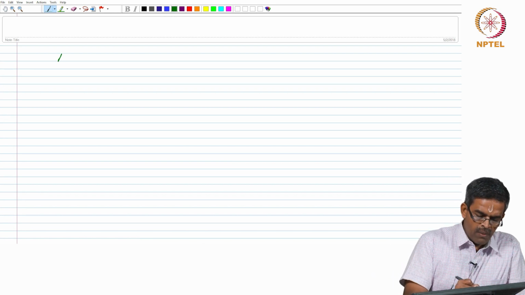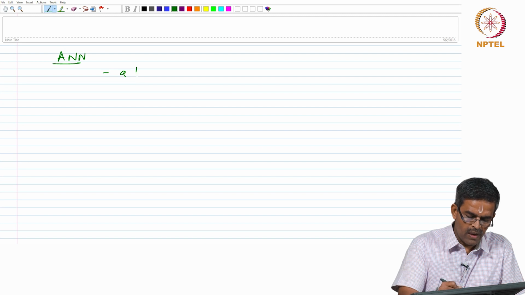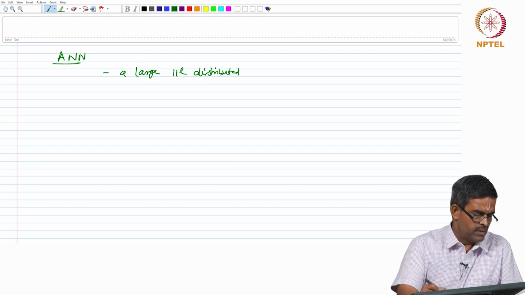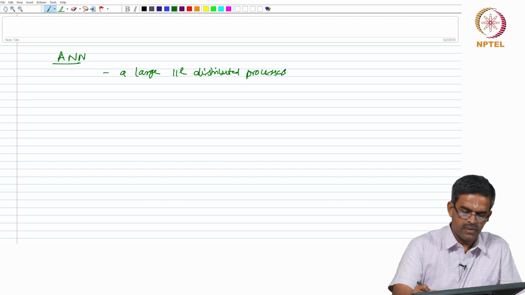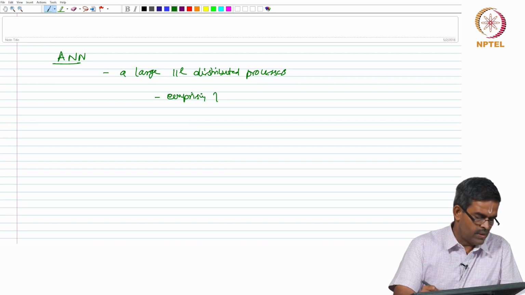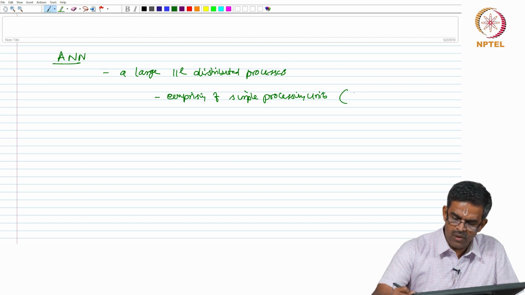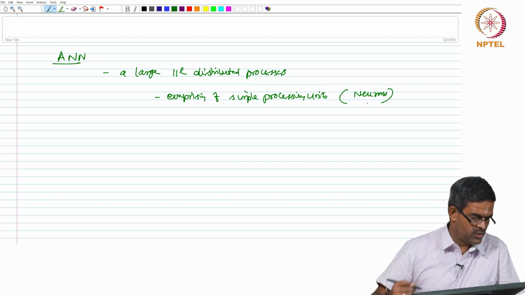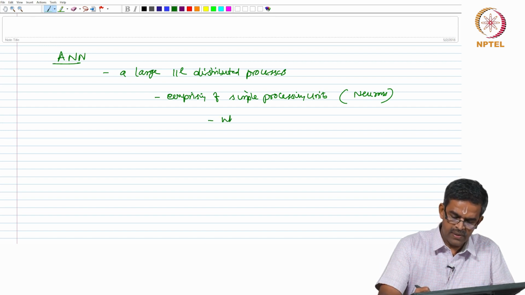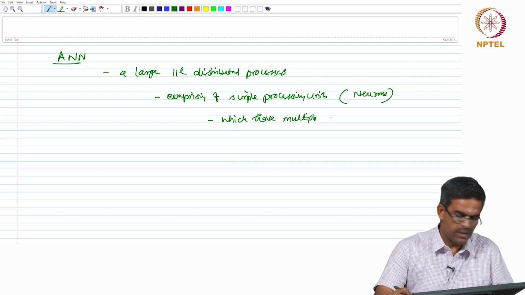Now, let us see more detail about artificial neural networks. They are actually large parallel distributed processors comprising simple processing units called neurons, which have multiple interconnection paths.